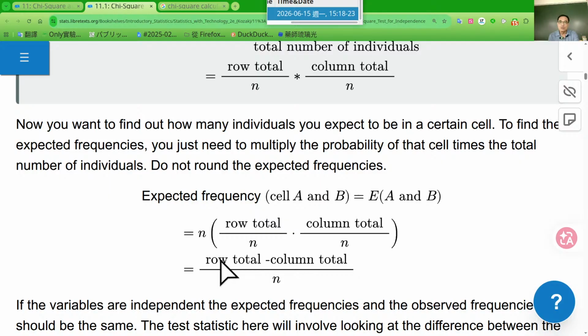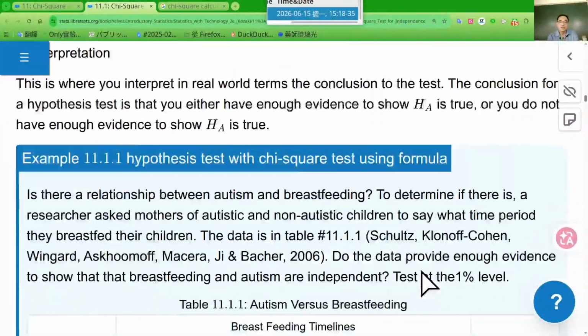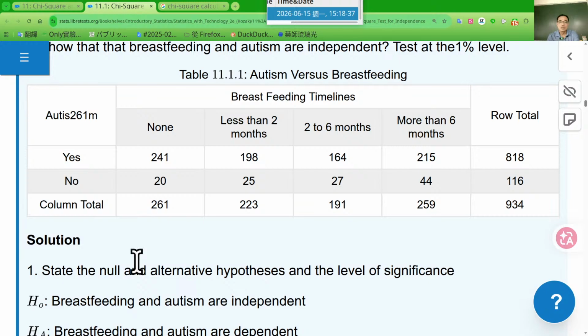That is row total times column total divided by n. Let's review here. 241 times 818 divided by 934.